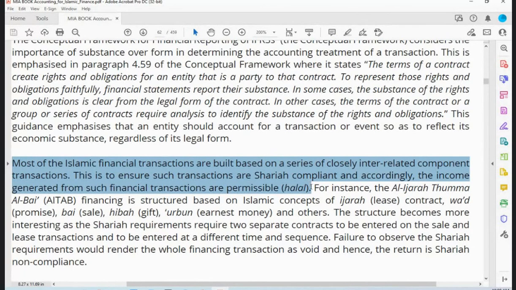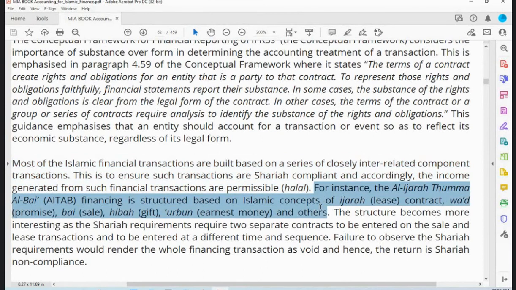This is to ensure such transactions are Sharia compliant. I hope that you understand this statement already. For instance, ijarah thumma bai', based on the concept of ijarah and bai', hibah and wa'ad and others. They are combinations of Sharia contracts in one financing product.